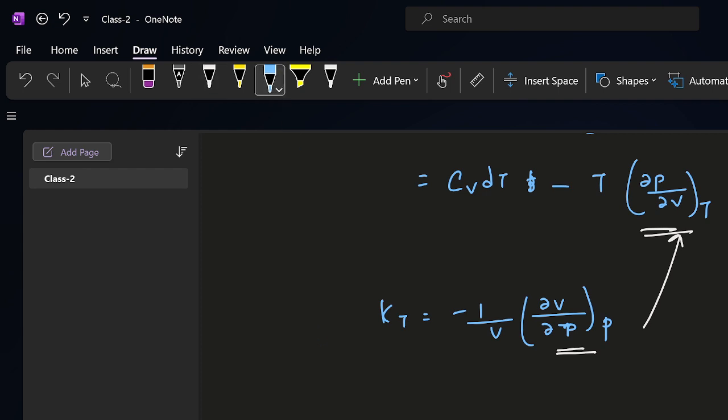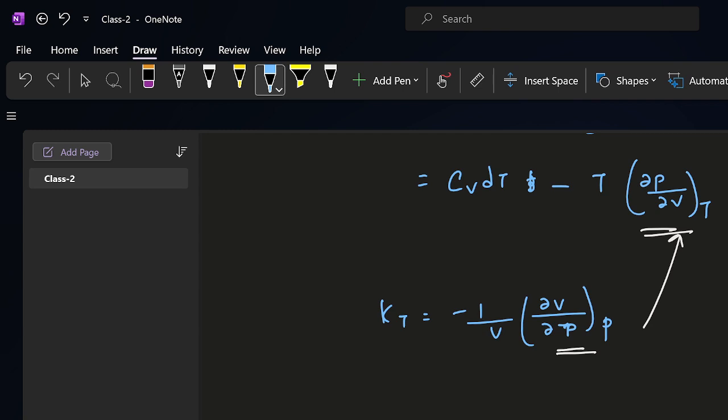Just write TdS equal to CV dt plus, first of all, let us take the kt terms aside. Take the minus alongside, because kt has a minus sign in it. So it is minus of 1 by v. Because this is del p by del v inverted, you have to invert it again to get the original form, del v by del p at t constant, and you add a 1 by v with it.